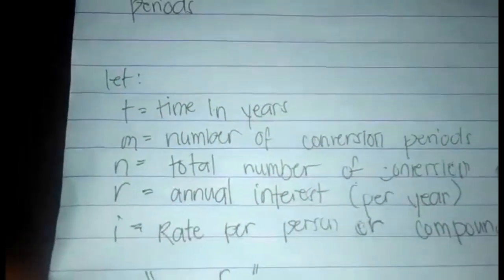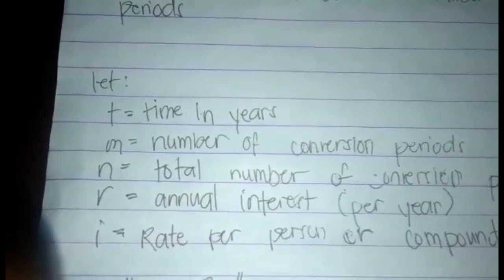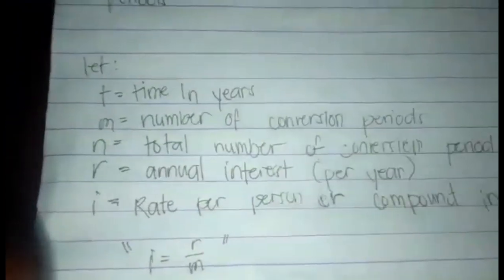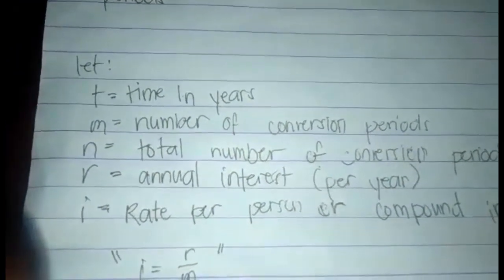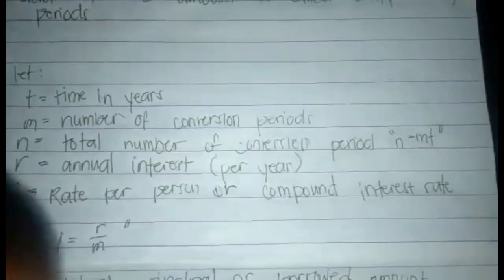First, we take T, which states time in years, M equals number of conversion periods, and N the total number of conversion periods. To get N, we need to multiply M to time. Now, R, the annual interest per year, which is the rate. I equals the rate per period or compound interest rate.